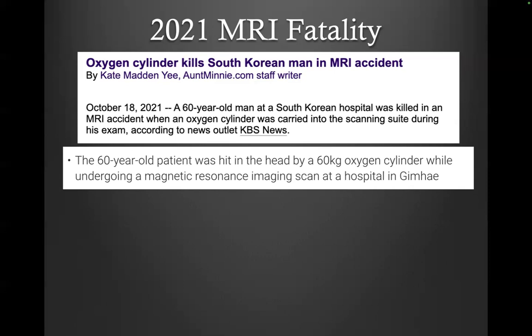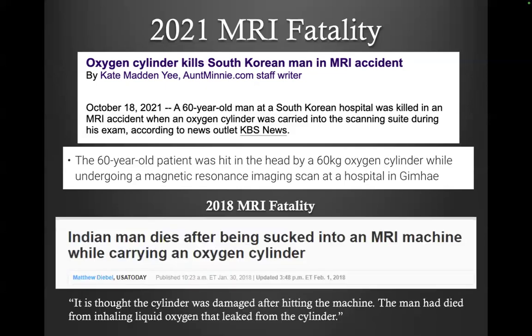An oxygen cylinder killed a South Korean man in an MRI accident. The oxygen cylinder was carried into the scanning suite during his exam, and he was hit by this oxygen tank, which is pretty crazy.